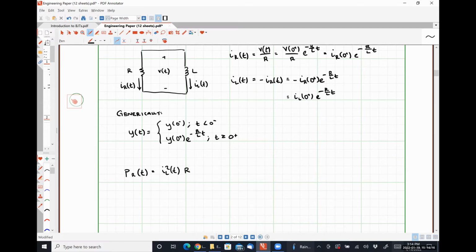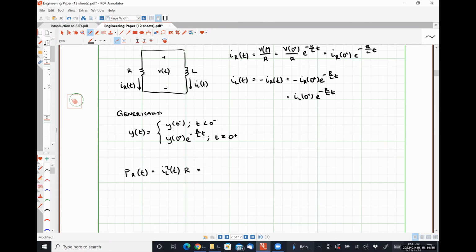Does anybody have any problem with this? I can get away with this because I'm squaring the quantity, right? So it really doesn't matter the direction of the current flowing through the resistor, but power is I squared times R, which is perfectly valid here.